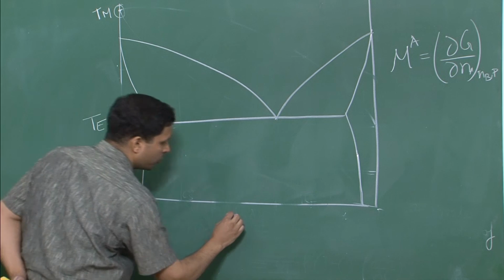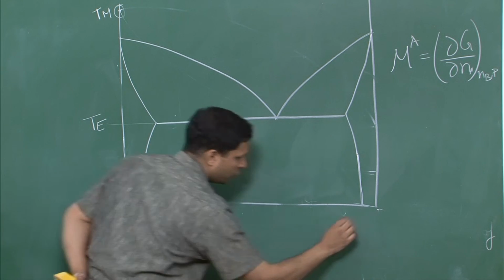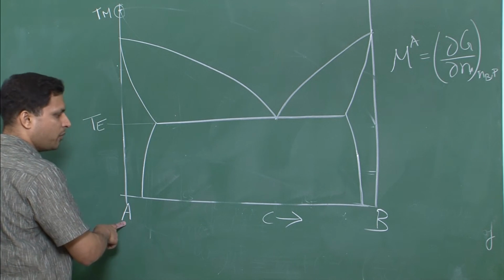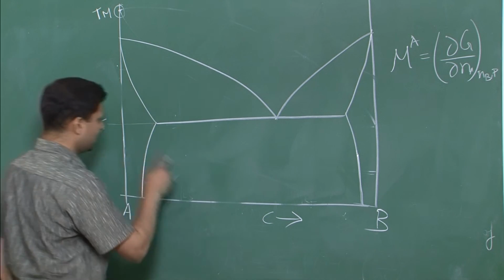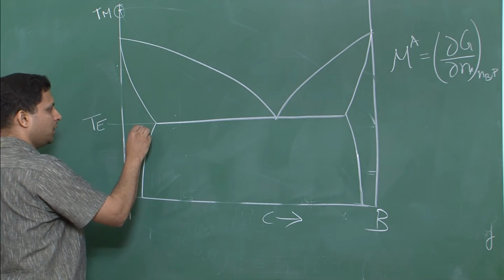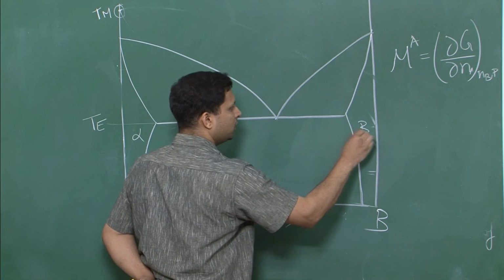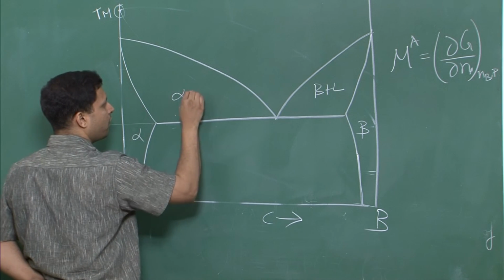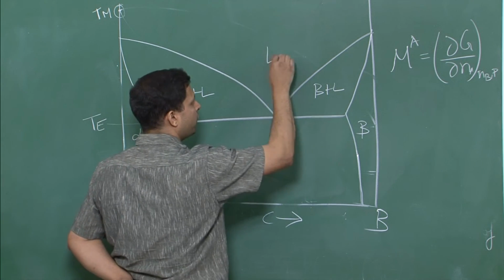So this is your composition, which is basically mole fraction of B. Here you have pure A, here you have pure B. These are the two different phases, let us say alpha and beta, and over here you will have beta plus liquid. Here you have alpha plus liquid, here you have liquid.